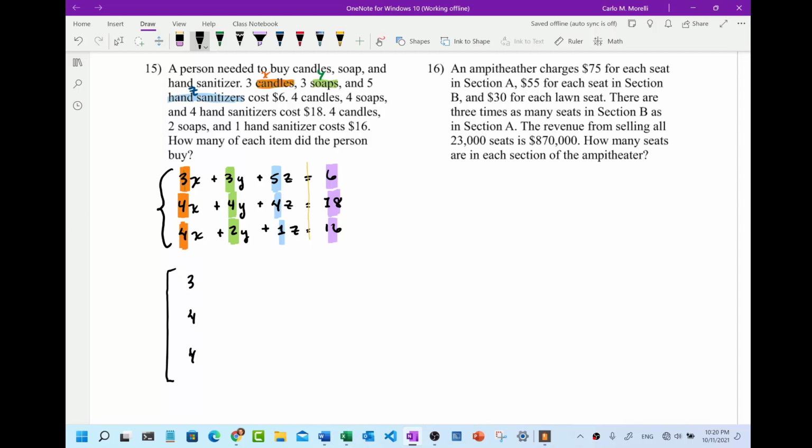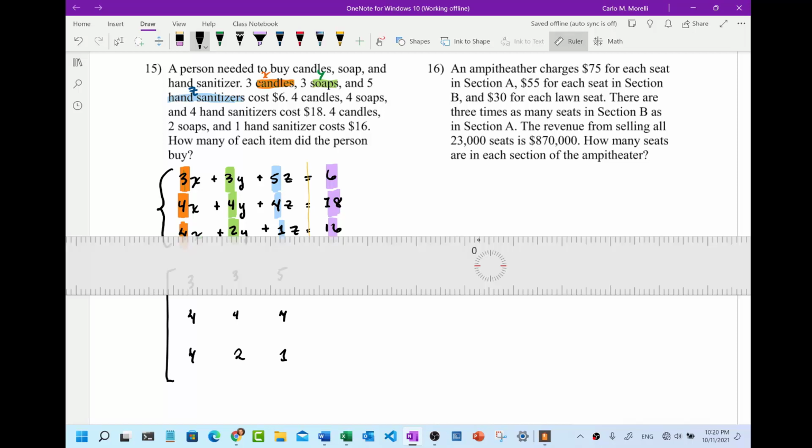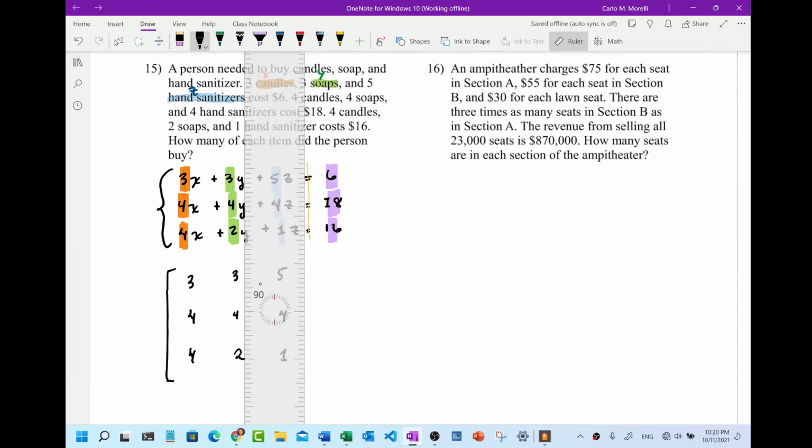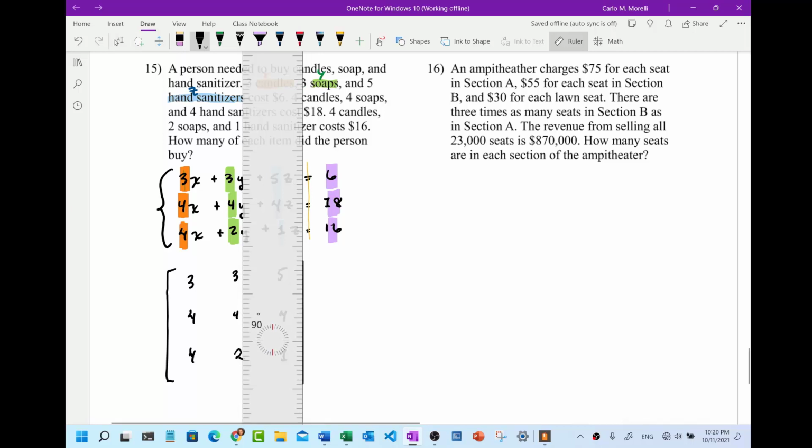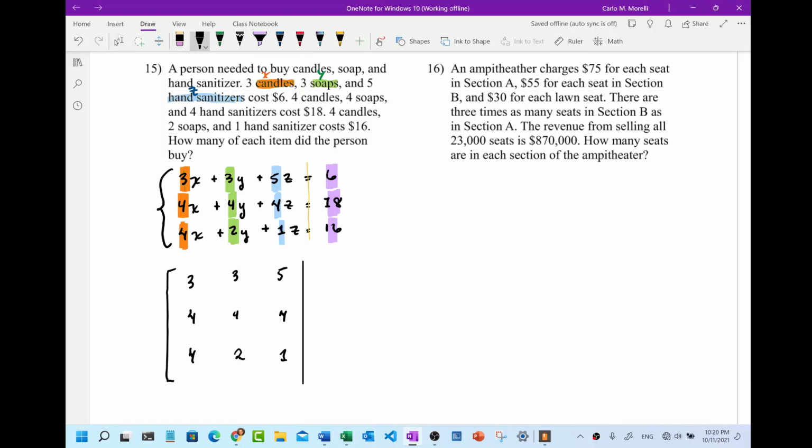Then you have 3, 4, 2, and then 5, 4, 1. Then you have your augment line, which just means where the equal sign went in the equations above. You draw this bar, and then you write down 6, 18, 16, and close it off with the closing bracket.